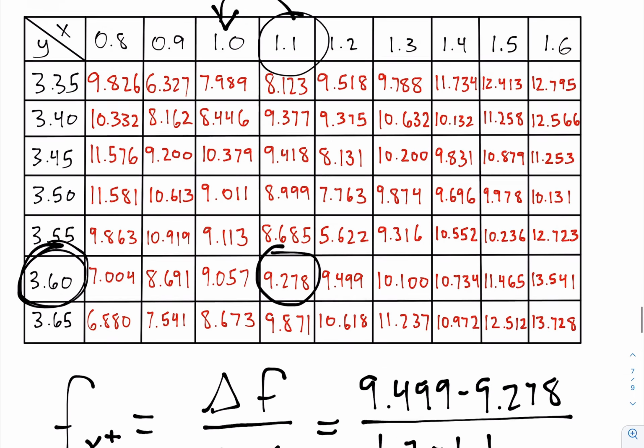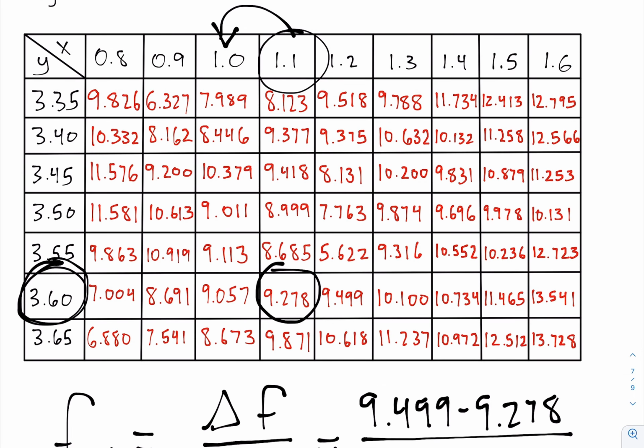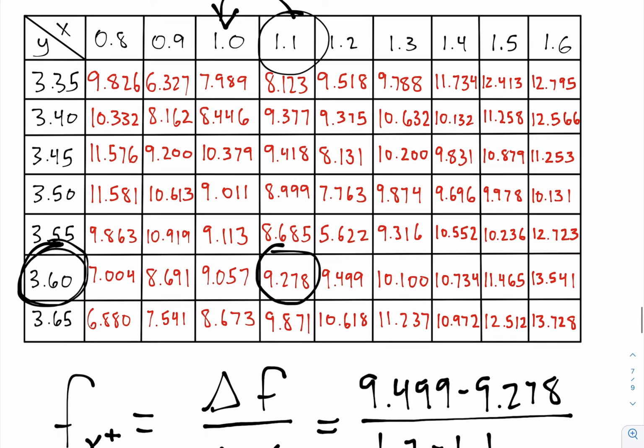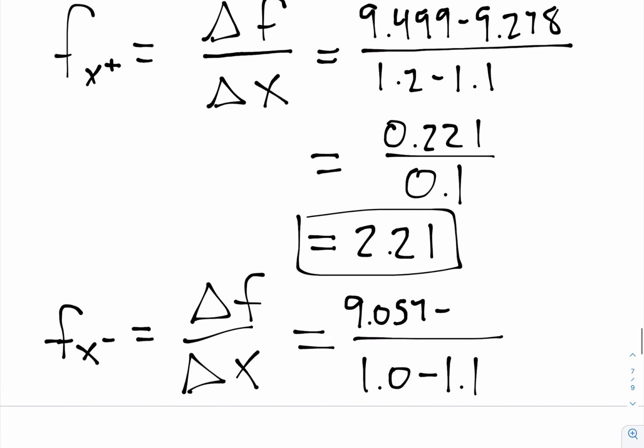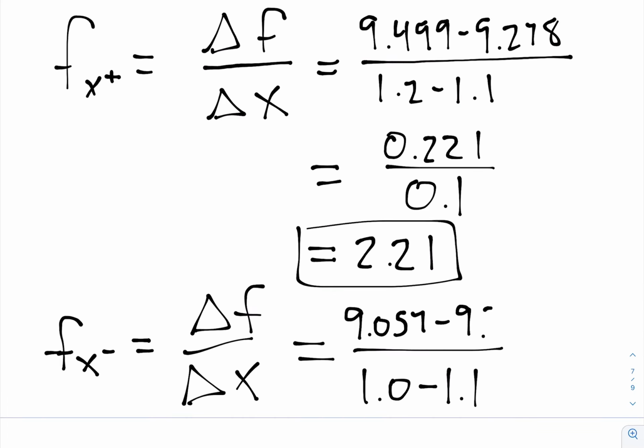Okay, and how does the value of our function change? How does f change? Well, if we bump 1 to the left, that means our new point is here, and that's 9.057. So it's going to be 9.057 minus 9.278.